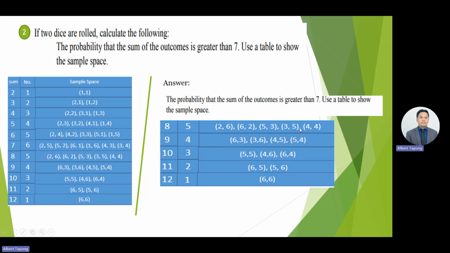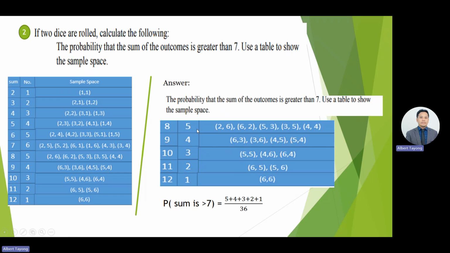And here again, as I mentioned, this is in any order. You can start from 3,5 or 5,3; 4,4; and so on, as long as the sum is 8. And here as well, you can start from 4,5 and 3,6; 6,3; 5,4. Okay, so these are the sample points.